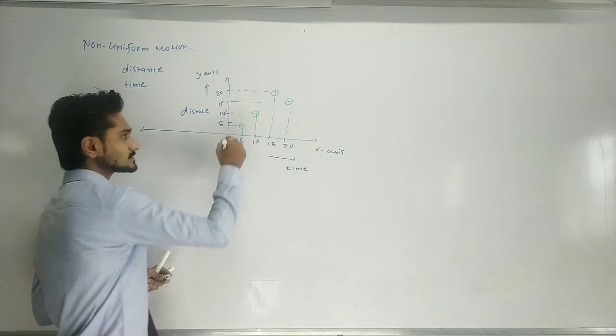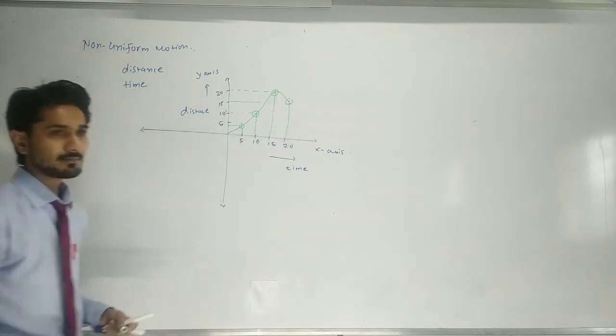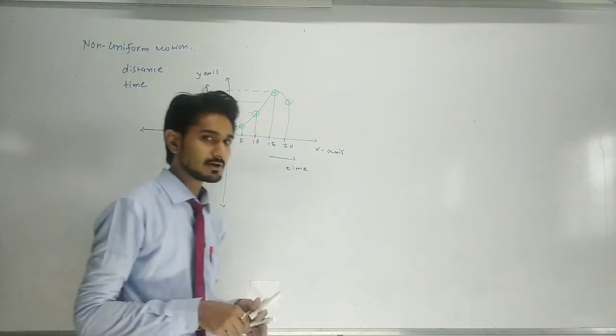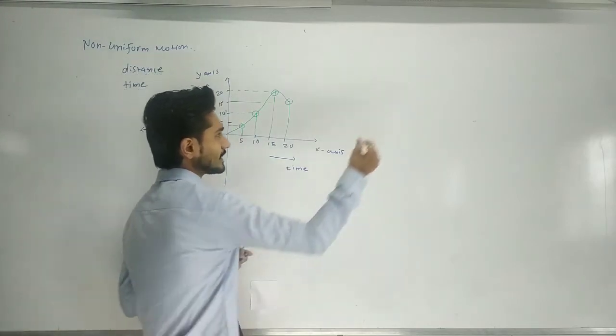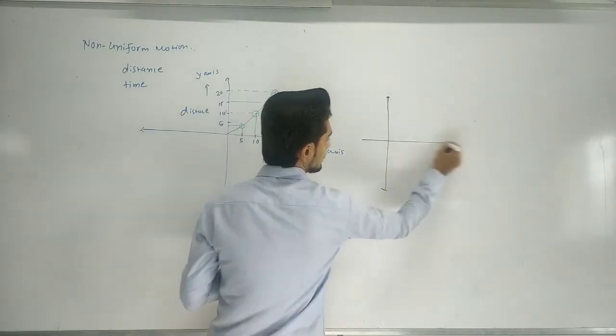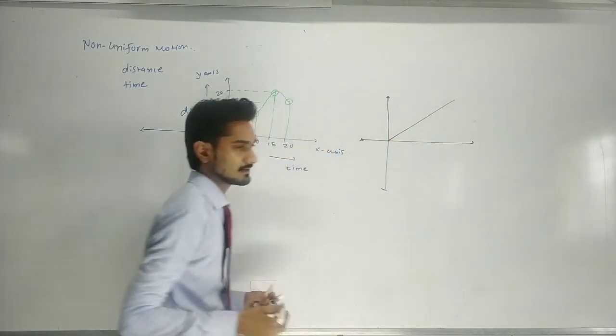Now whenever we join these points, the graph comes like that. If you remember the uniform motion's graph that I am drawing here, it is covered in a straight line.